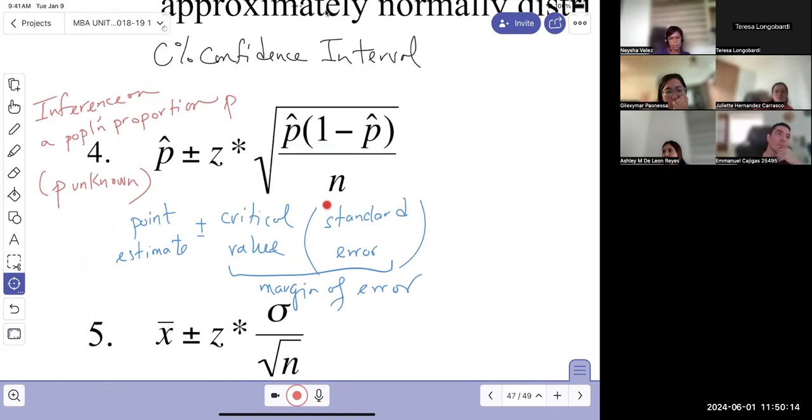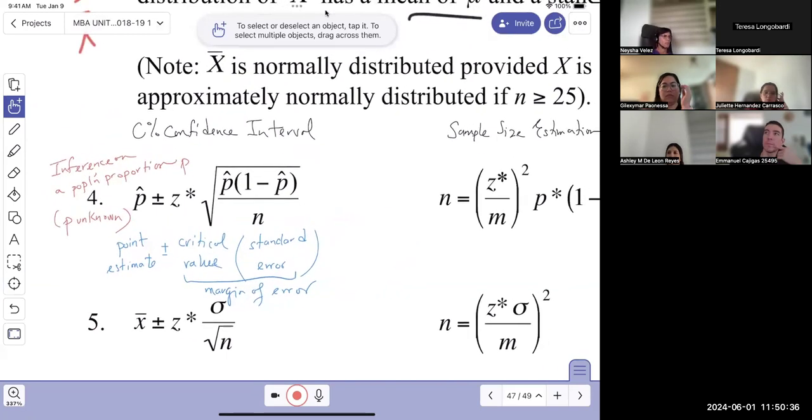The ones we can control are the z star and the n. The p is kind of given to us, right? From either the sample, or somebody gave it to us in advance because it was determined on previous or older studies. But sometimes we won't even have the p. And what can we do? So these are all the variables that control or affect the confidence interval, or our estimate.